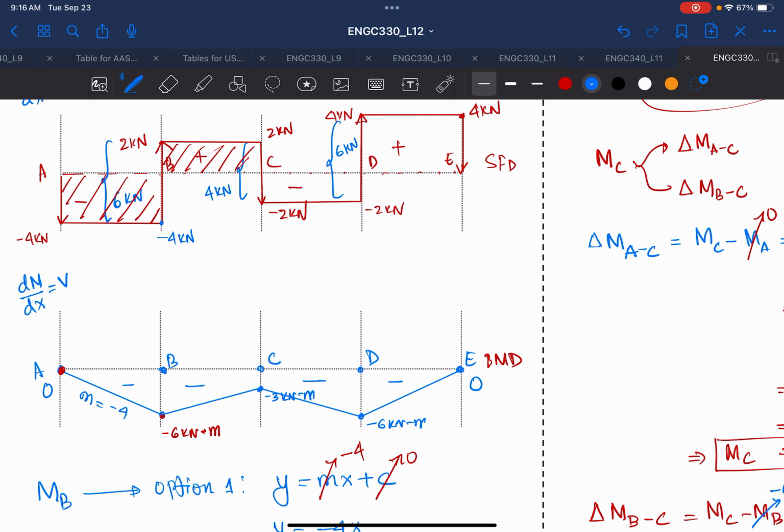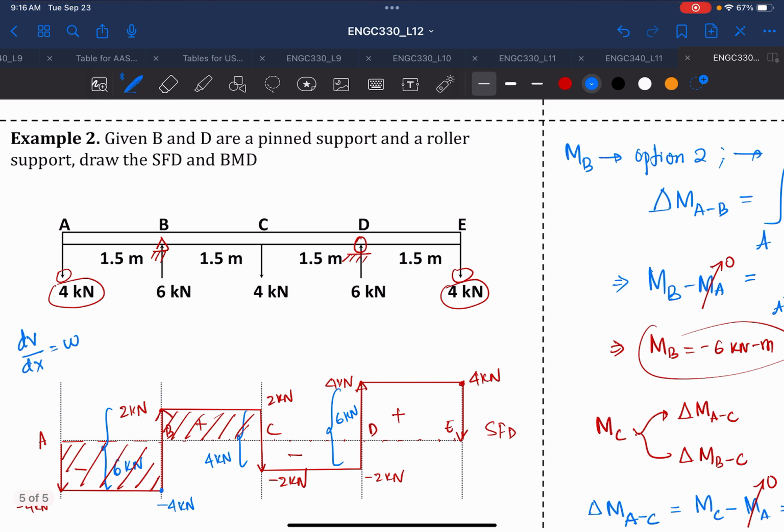And so how do we draw the deflection for this beam? This has to go down. Remember that this point will not move at all because they are support reactions.